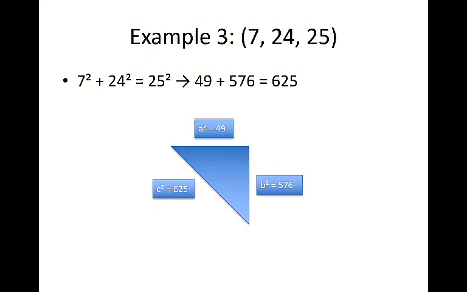And the two small areas always fit together to make the large area. Geometric diagrams also give us a deeper understanding beyond the numbers. Pythagorean triples aren't just numerical coincidences, but they are geometric truths.